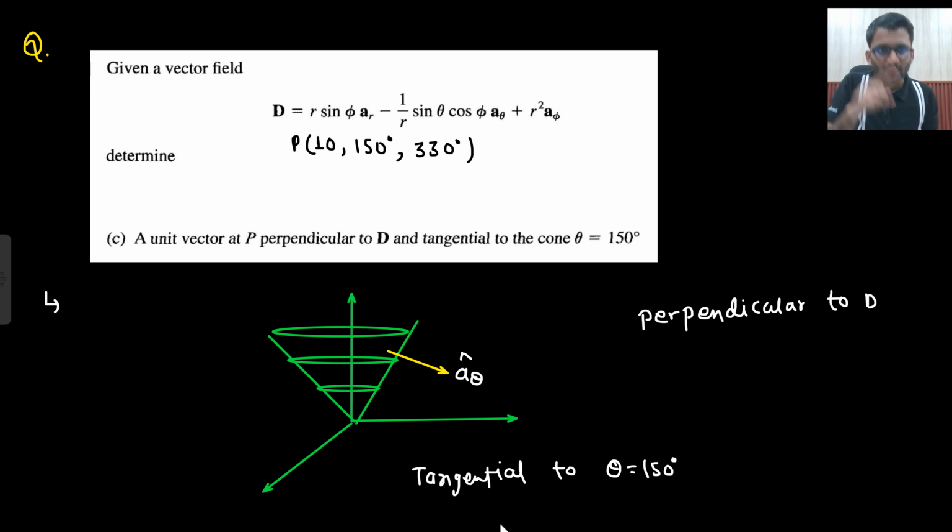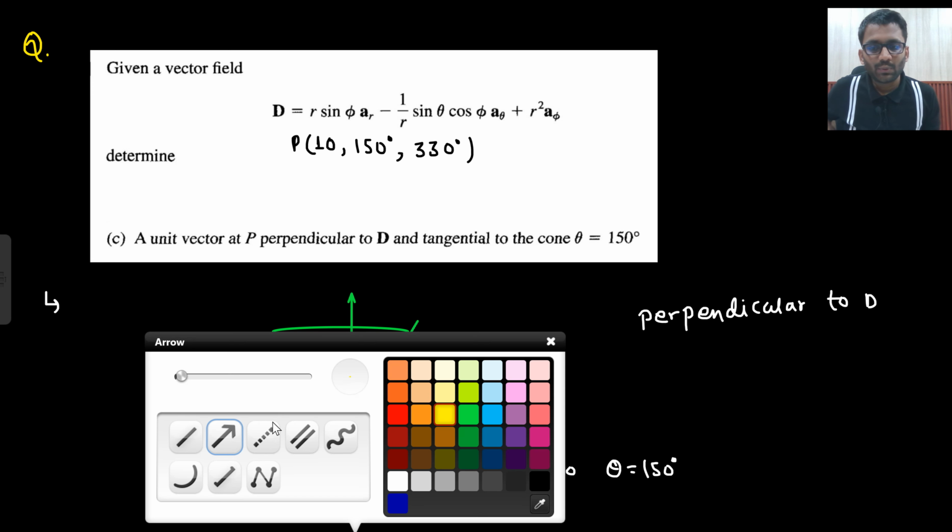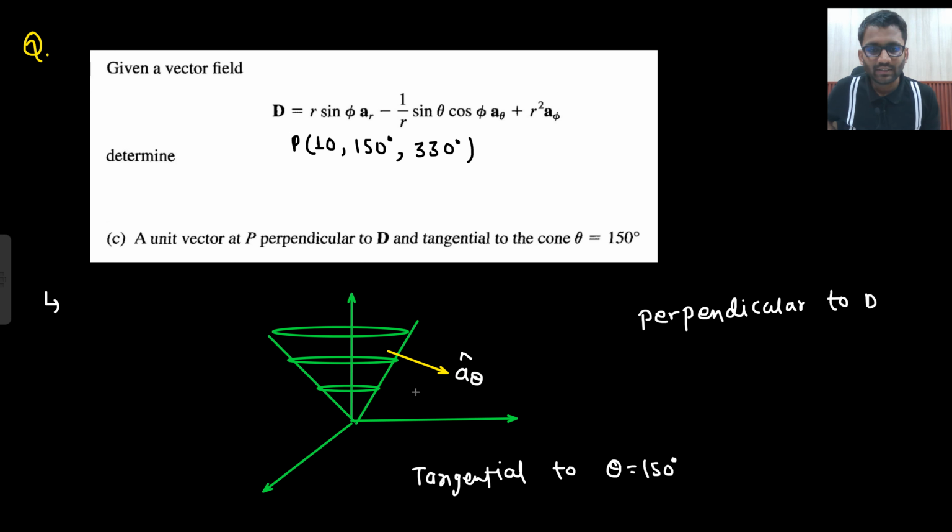So if your vector is tangential to these vectors, because what they are saying, it should be tangential to the cone theta equals to 150 degree. So that means the vector should be somewhere here. It should be tangential to theta equals to 150 degree. That means it has to be normal to a theta cap.